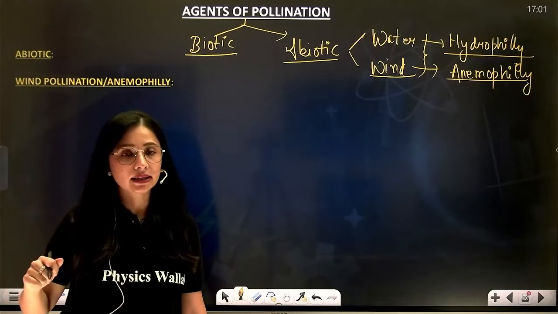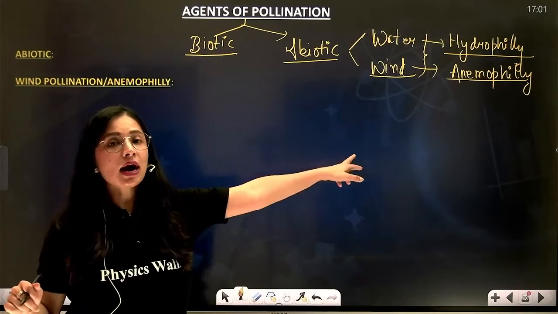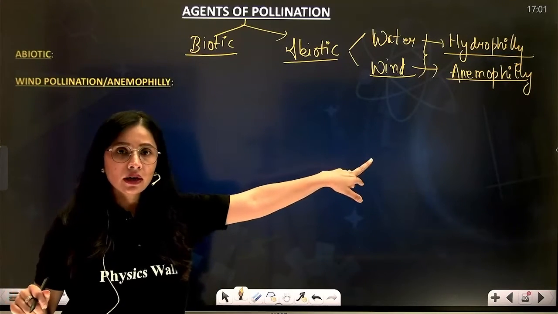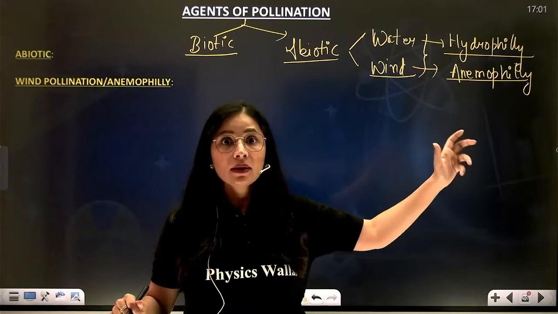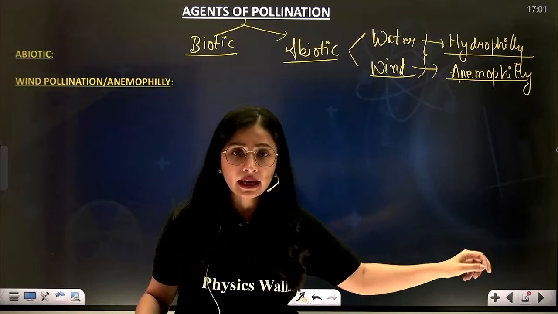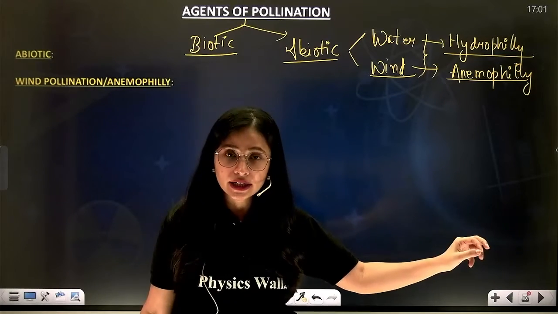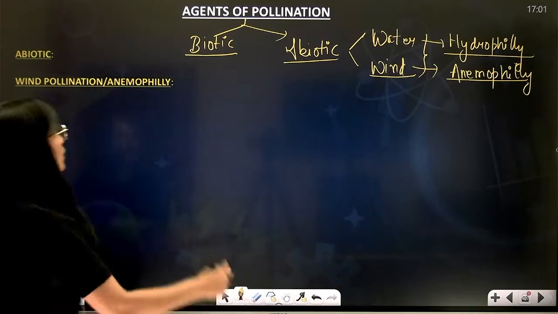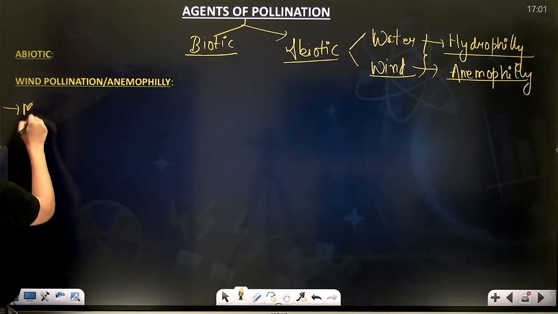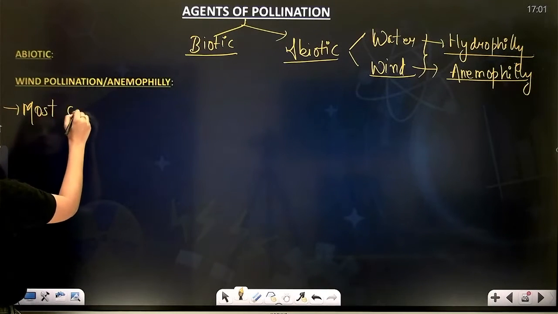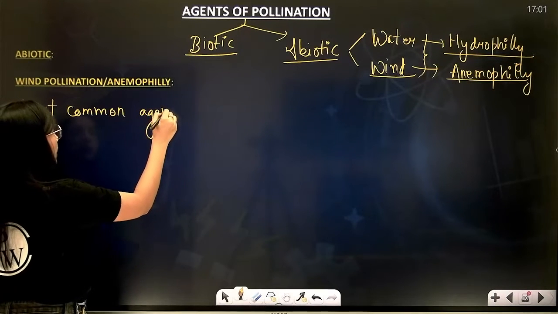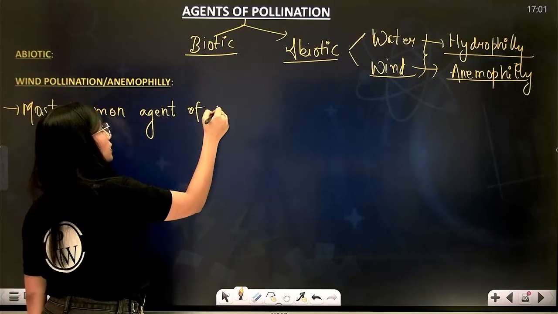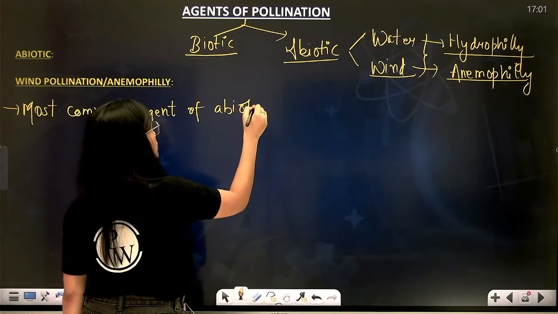Let's try to understand. Even if you ask which is preferred, wind or water, my answer will be wind. The most common abiotic agent for pollination is wind. First point. This is the most common agent of abiotic pollination.